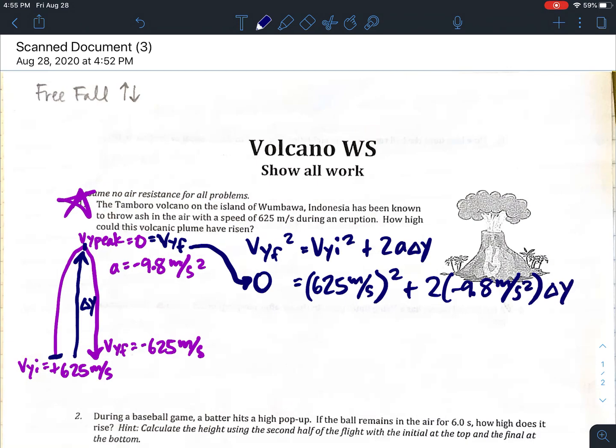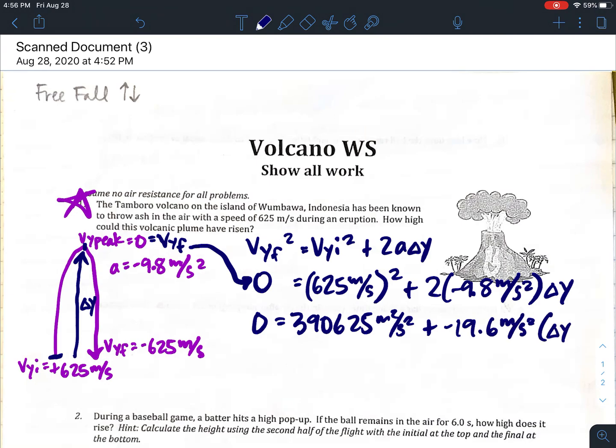times delta Y. Okay, so step 1 is to go ahead and square your 625. And that is 390,625. And then I need to do 2 times negative 9.8, which is negative 19.6. Still times an unknown y. Okay, I'm working towards getting y by itself.